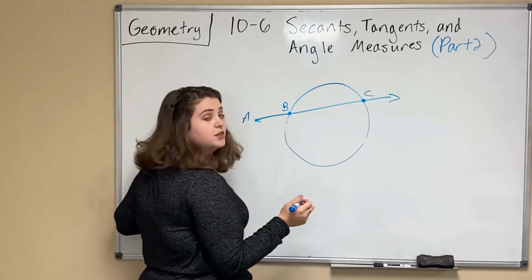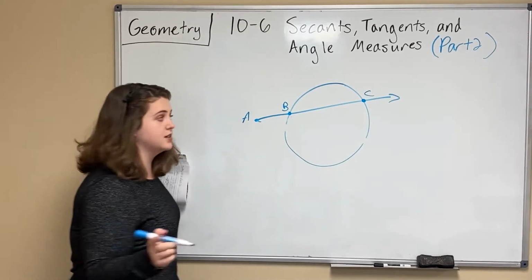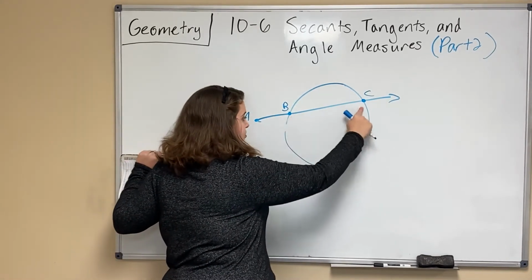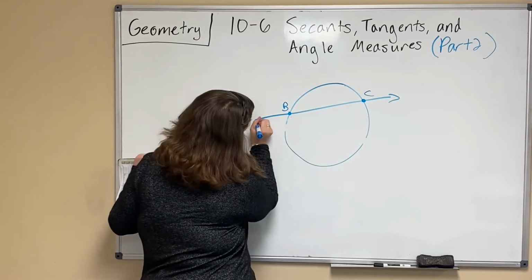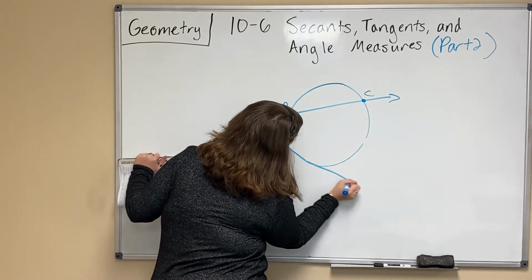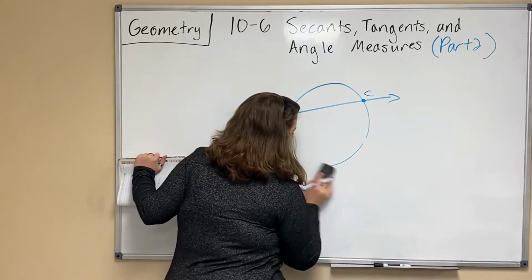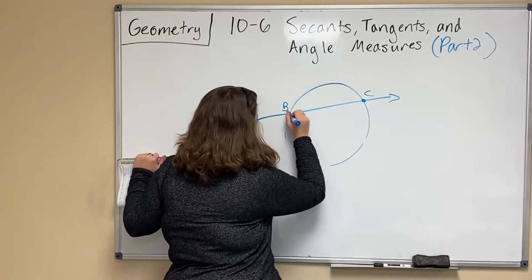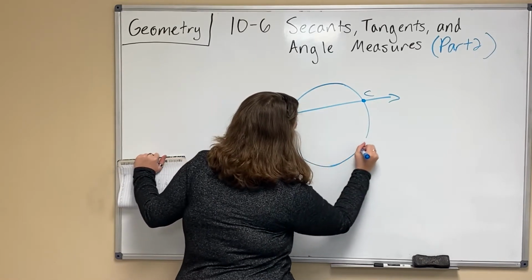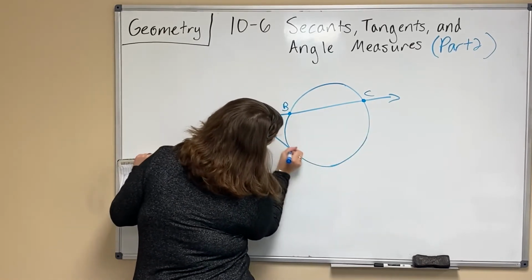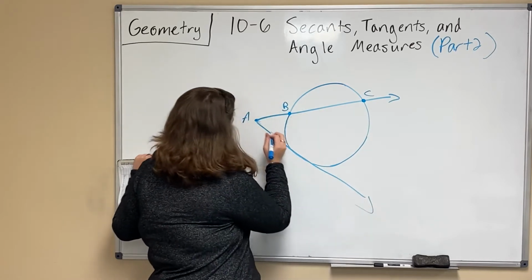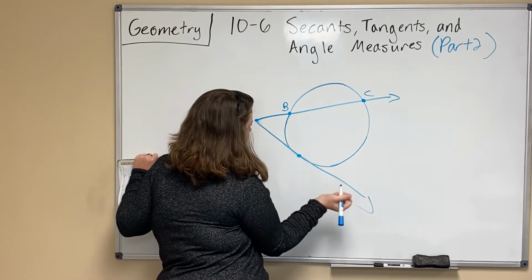If you remember the difference between a secant and a tangent, a secant intersects the circle twice, a tangent only intersects it one time. So it's only going to have one intersection point.